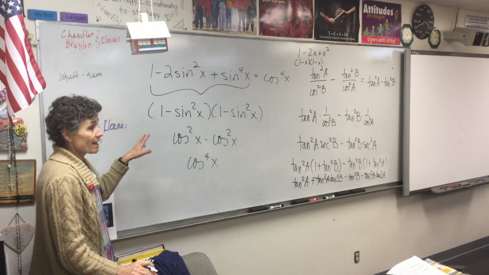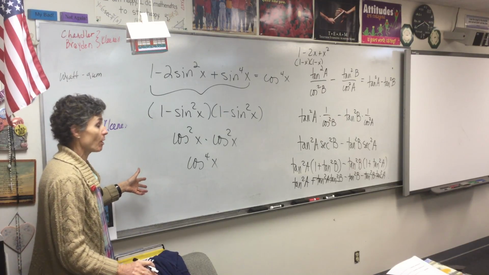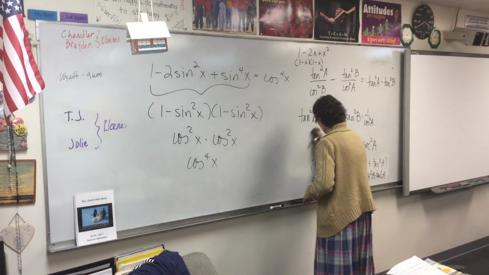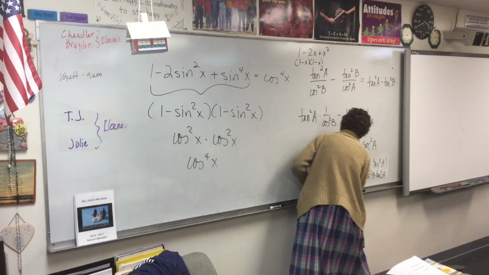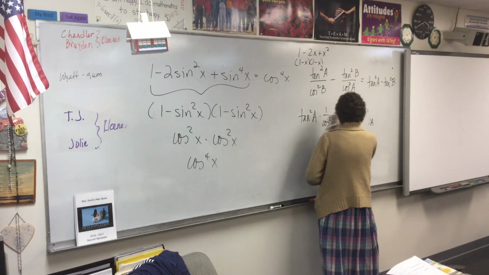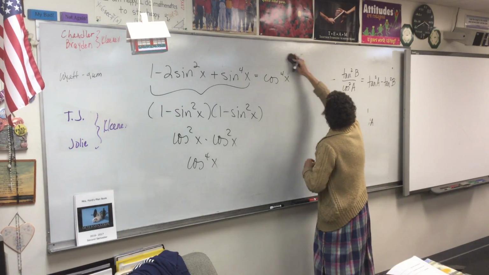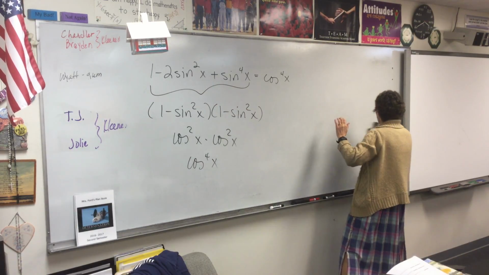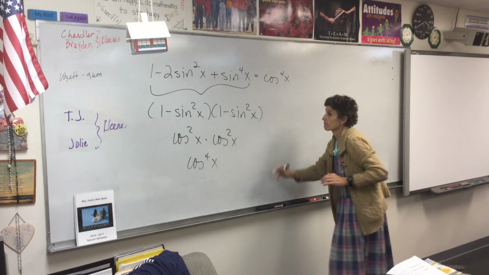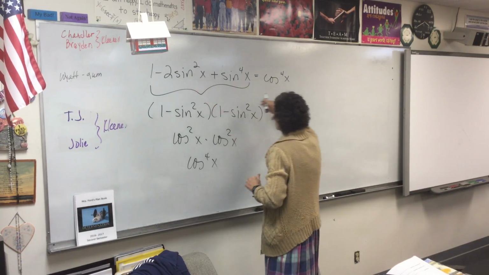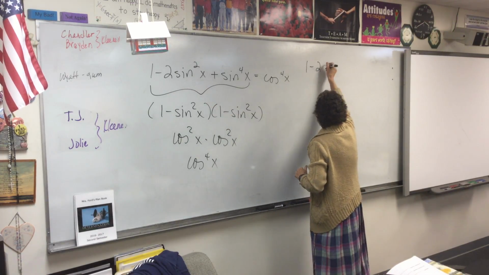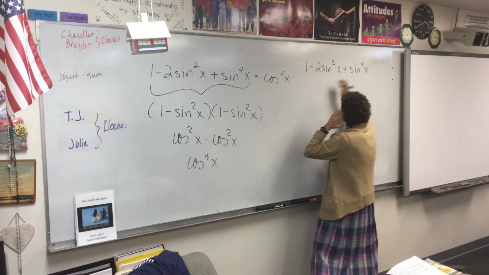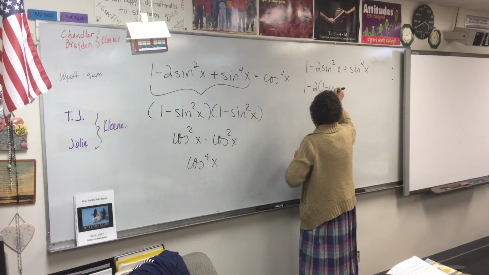So if you notice that it factors, this is a 2-step problem. Now, Antonia's thought was beautiful. It's a little bit longer, but boy, it'll work. She said, I know that sine squared is 1 minus cosine squared. So she says, I'm going to take that sine squared and change it into 1 minus cosine squared.